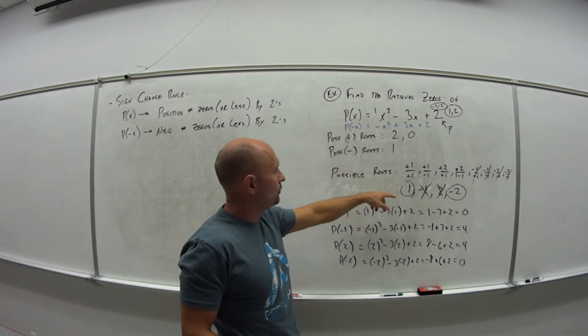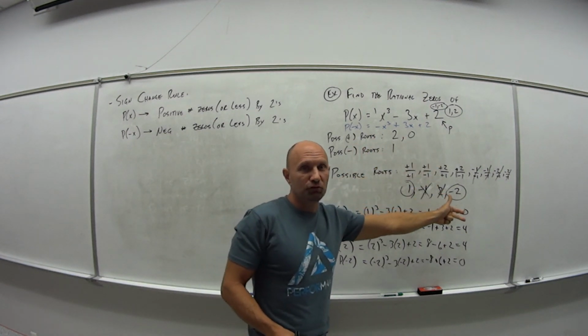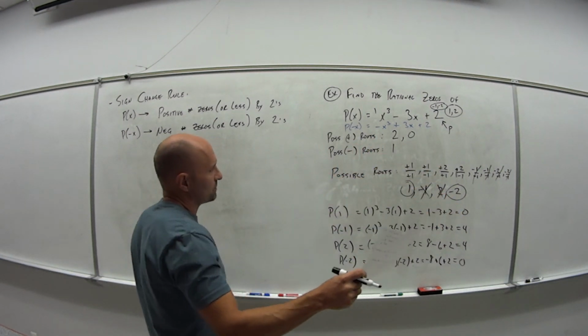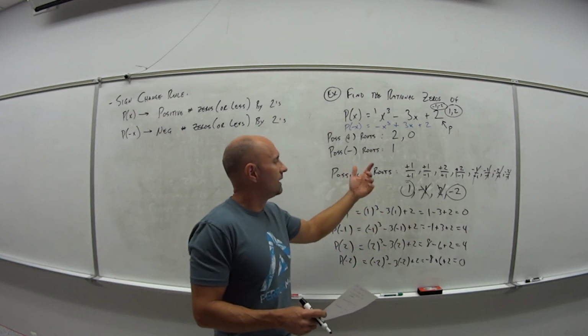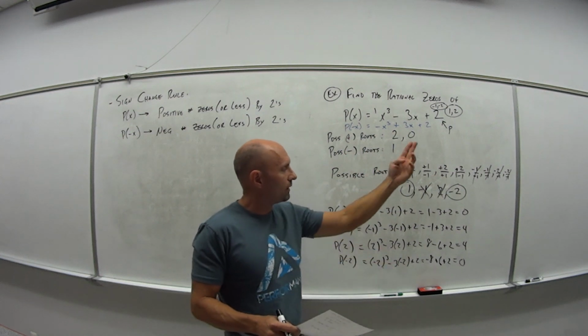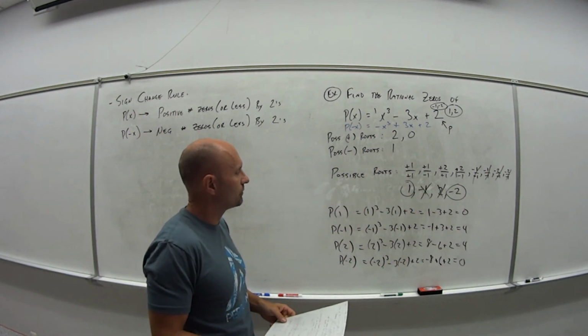So really our roots are 1 and negative 2. If we had to put it into a bunch of parentheses and multiply it out, if it said what are the factors, then it would be x minus 1, x minus 1, x plus 2, because we have to account for that negative sign change.